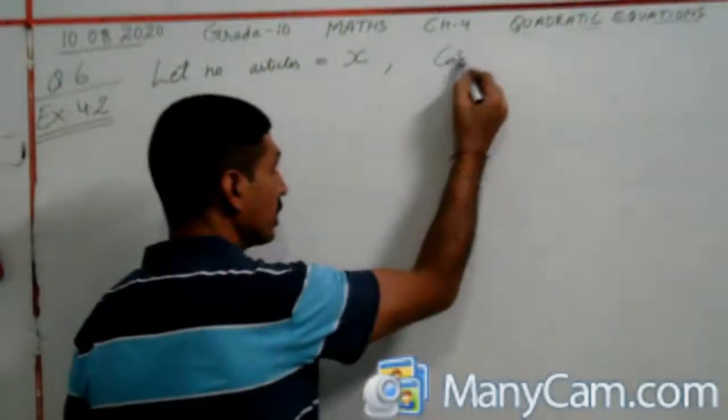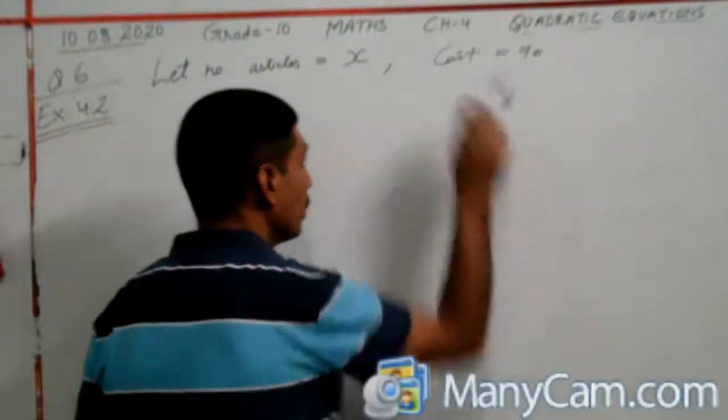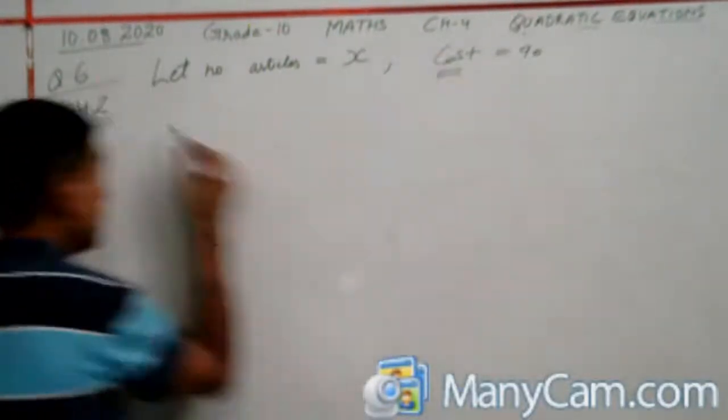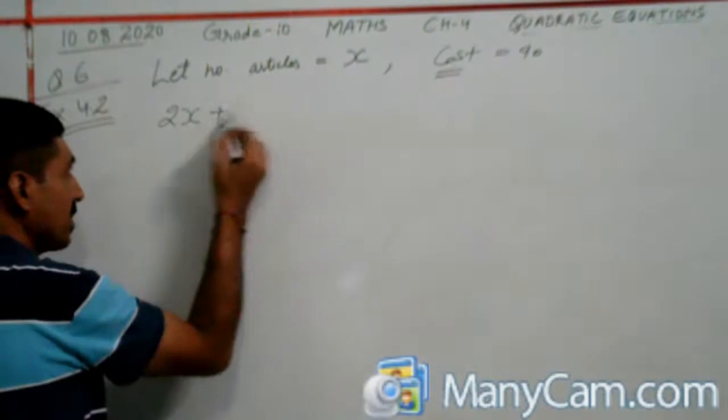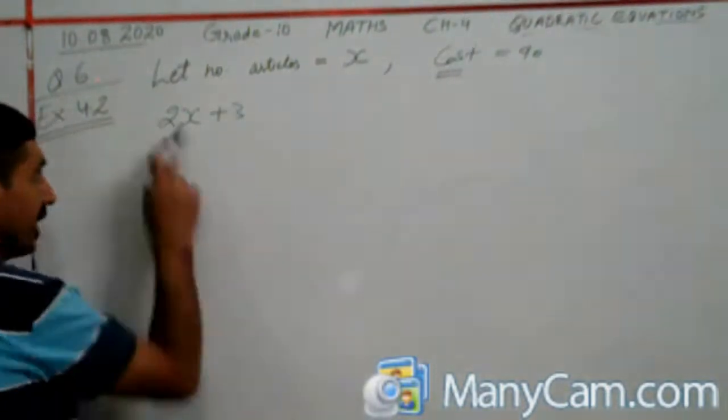Now, on a particular day, the cost of production is given, 90. The cost of production of one article in rupees was 3 more than twice the number of articles produced on that day. What is this cost? That is twice the number of articles plus 3. Right?